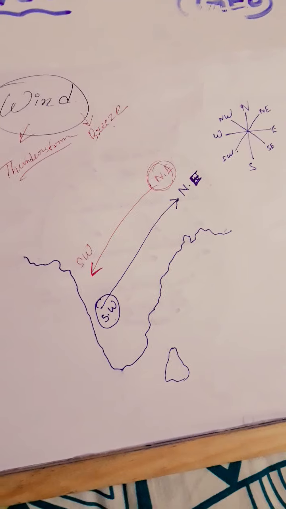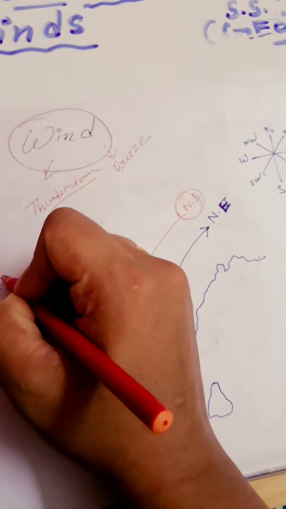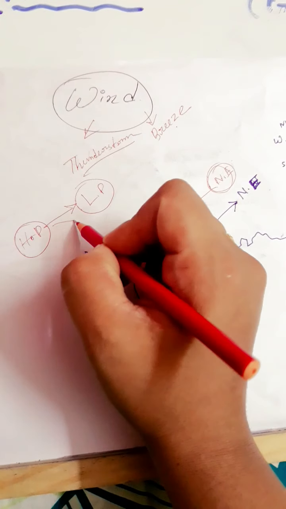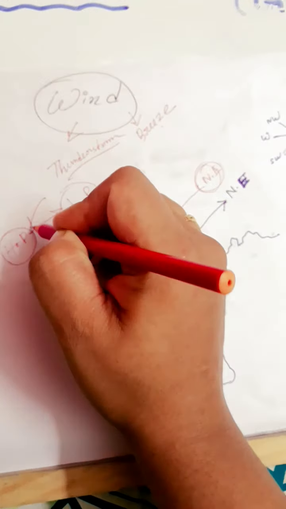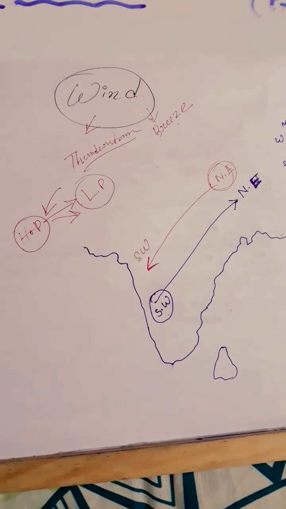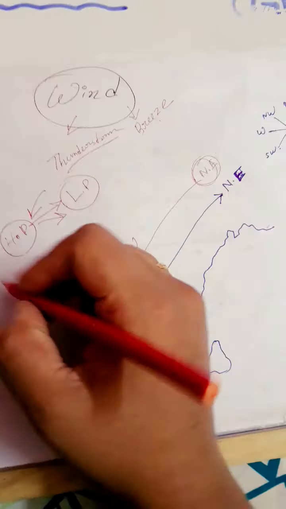That's why winds are not blown from the high pressure belt to the low pressure belt in a straight manner. The air is always deflected by the force of rotation. This force is known as the Coriolis force.